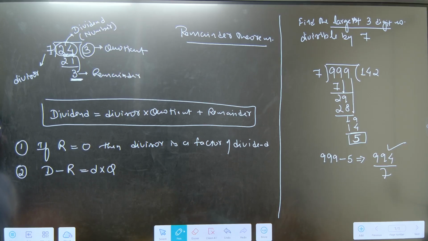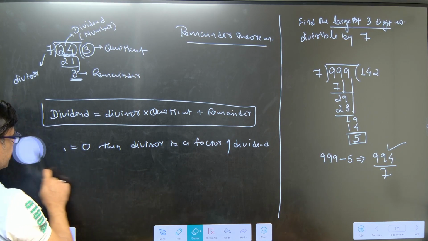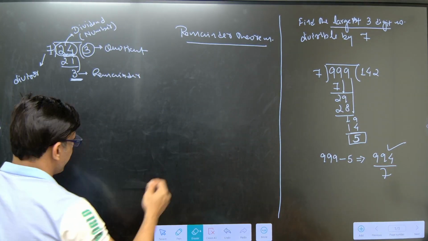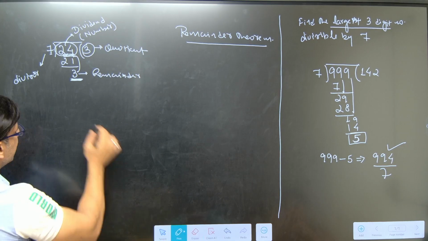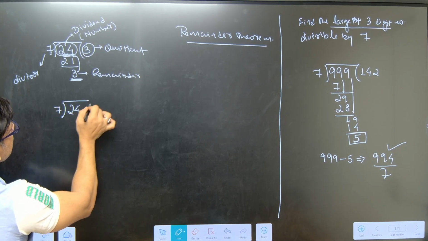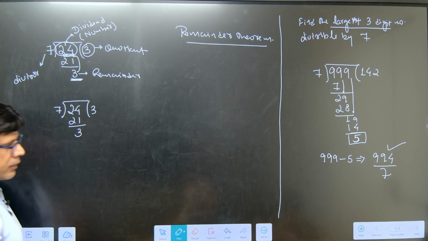Okay. Let us understand one more thing, and then our second question will be based on that. See this. When I take 24 and divide by 7, I know that 7 threes are 21 and remainder is 3.